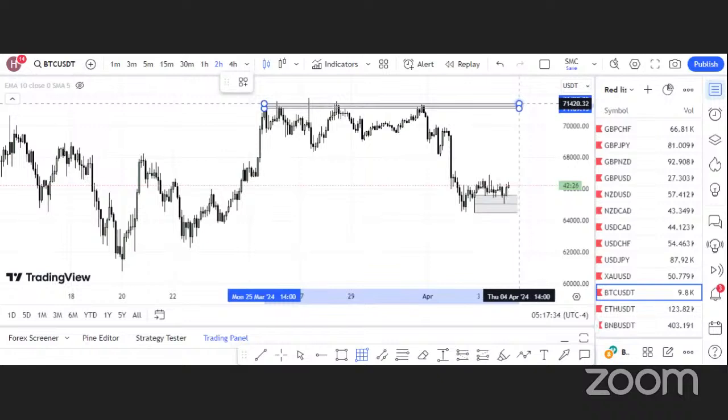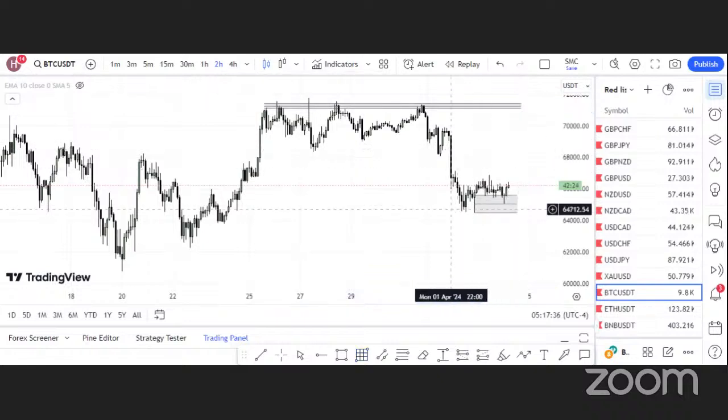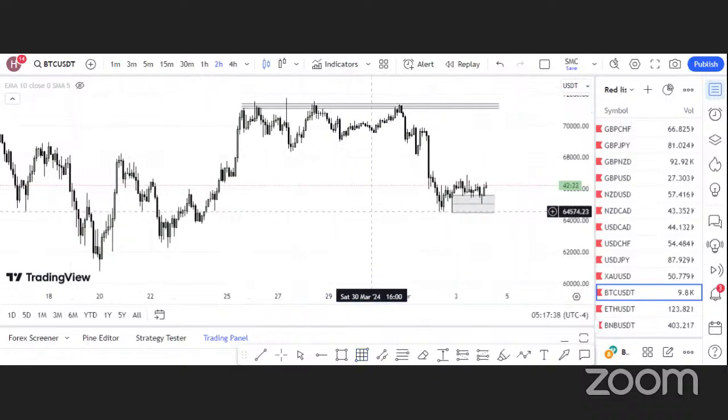So you see, we have areas where the market had moved from previously.